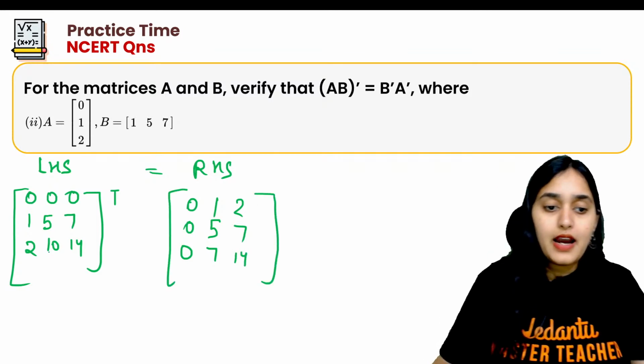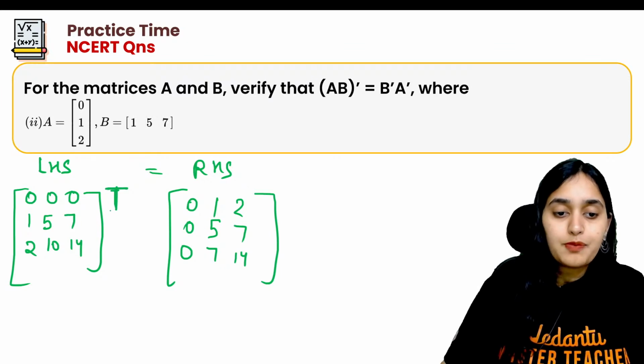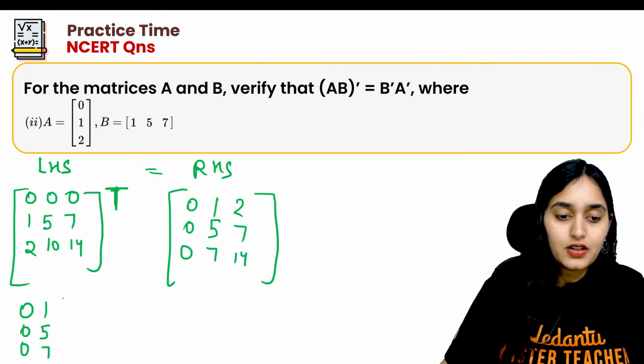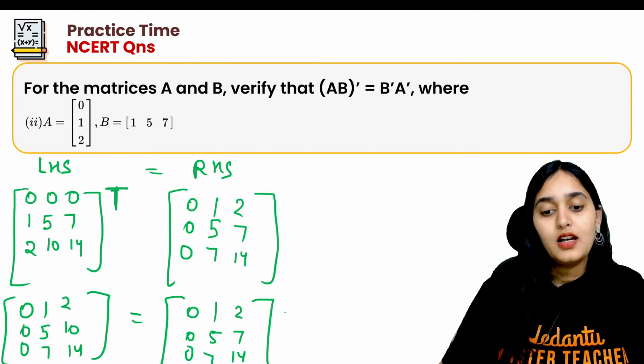Now on the left hand side, if you find out the transpose, what do you get? 0, 0, 0, 1, 5, 7, 2, 10, 14. Right? And similarly, here you get 0, 0, 0, 1, 5, 7, 2, 7, 14.